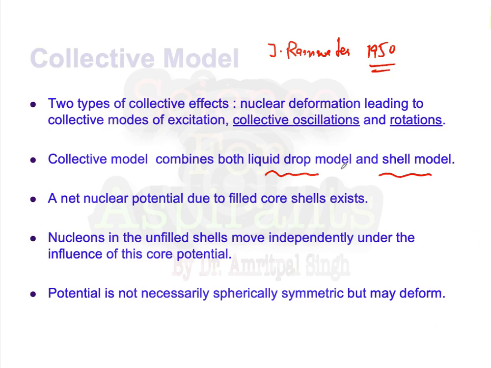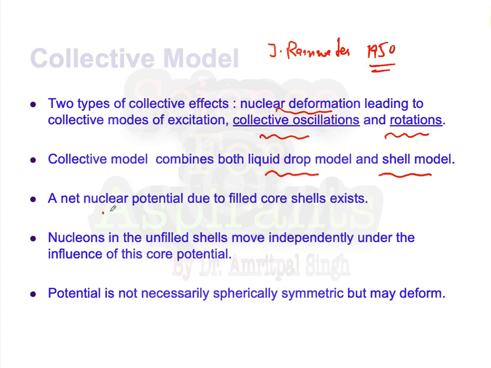He said that the nucleons are moving collectively. It is due to this collective motion that deformation occurs, and due to this deformation there are some oscillations and rotations which exist within these nucleons.